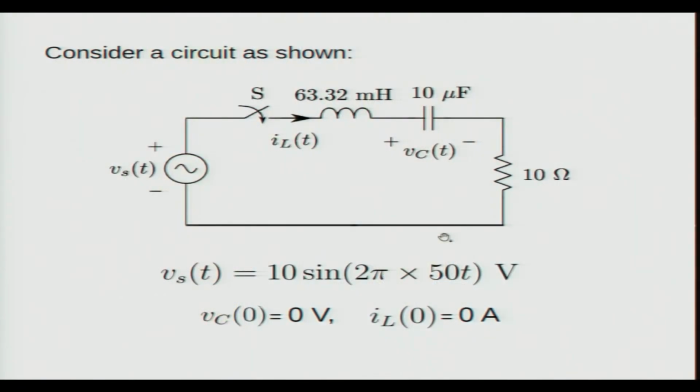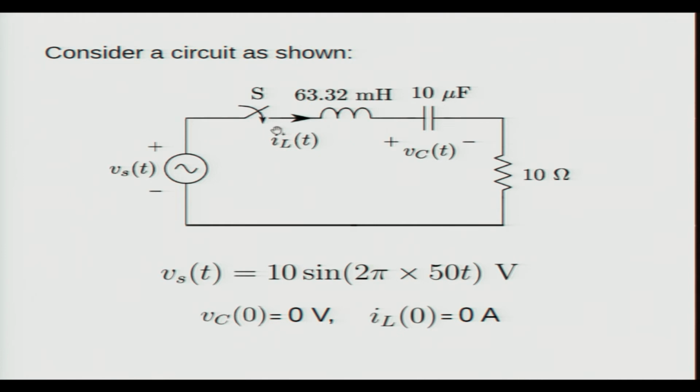So, in steady state, since the natural response will die down, we are just left with the sinusoidal steady state response. If you take the derivative of say sin omega t, you will get cos omega t. Of course, we do not know what the current is yet, rather we could find out by solving this circuit, but the fact remains that the voltage across the capacitor lags the current through it.